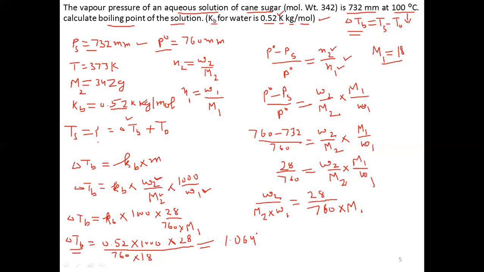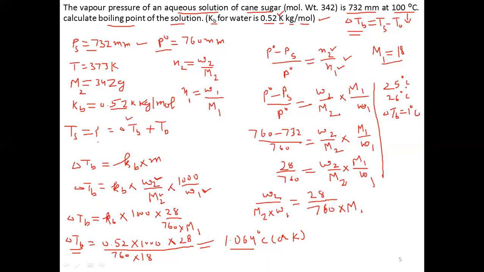You can write it in degree Celsius or Kelvin. Both are the same because it is a change. Delta TB, whether you take it in degree Celsius or Kelvin, will always have the value 1.064 because it is a difference. Let us try to understand this point with a simple demonstration. Suppose we have two temperatures, 25 degrees Celsius and 26 degrees Celsius. The change between these two is 26 minus 25, which is 1 degree Celsius.